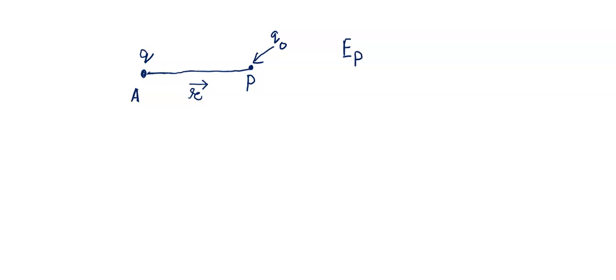Once we keep the test charge on this point, we will try to find the force F_P on it. This will be equal to 1 upon 4 pi epsilon naught q1 q2 upon r square. Here q1 is Q, q2 is q naught, and r is the position vector, with magnitude r square.